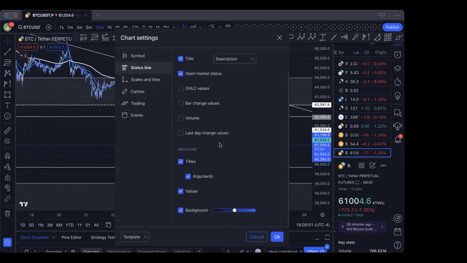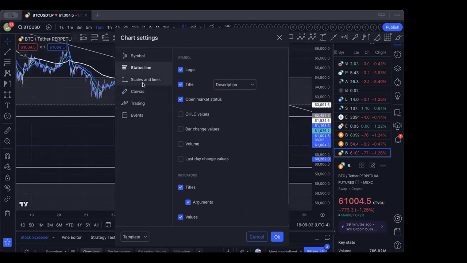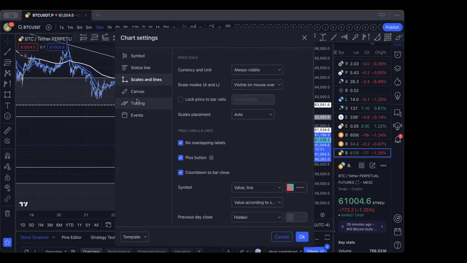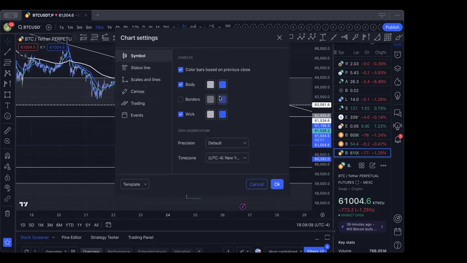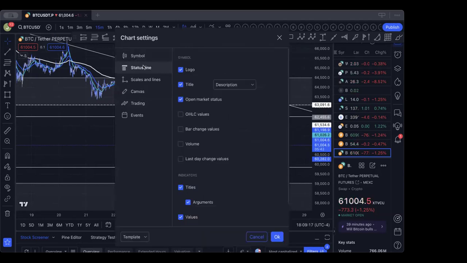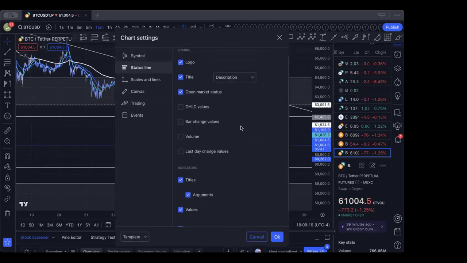Let's see. Time zone, precision, status line. Let's go to status line.